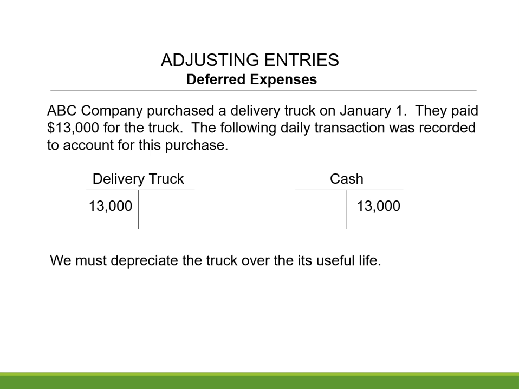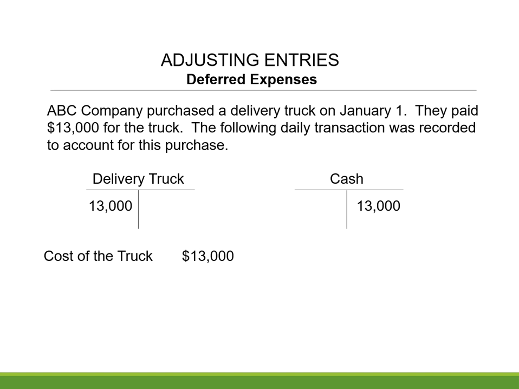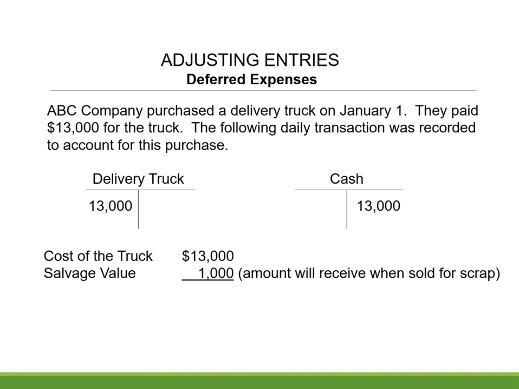Okay. So the first thing we must do is depreciate the truck over its useful life. If you recall from the prior slide, that is 6 years. And when we say depreciate, that means we're spreading the cost of the truck over the time it is used in the business. Okay, so the cost of the truck was $13,000.